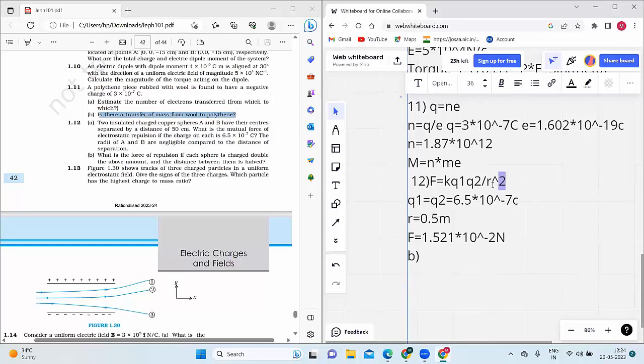As we have the formula F equal to k Q1 Q2 by R square, we substitute the value of Q1 as 2Q1 and Q2 as 2Q2, as both the charges are doubled.